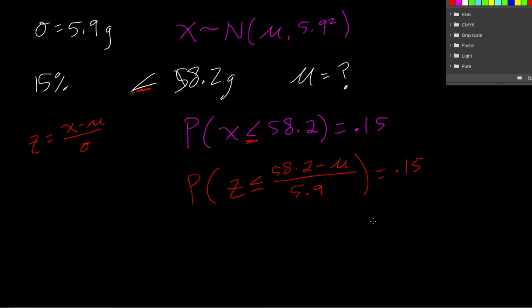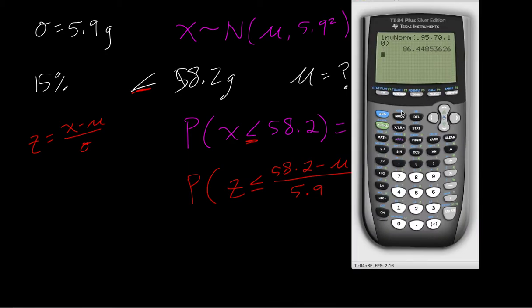So what we can do is go to our calculator and do an inverse normal. We can type in our percentage. And now, because it's a z-score, our mean is 0 and our standard deviation is 1.